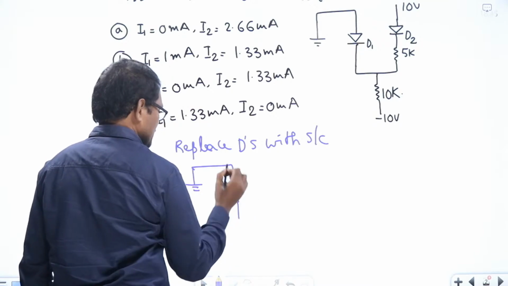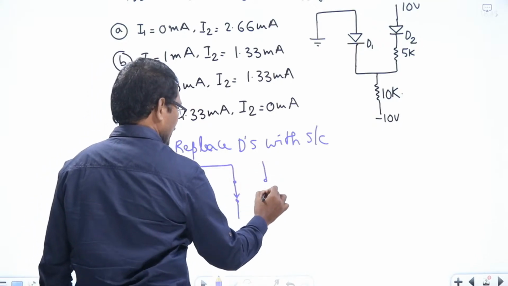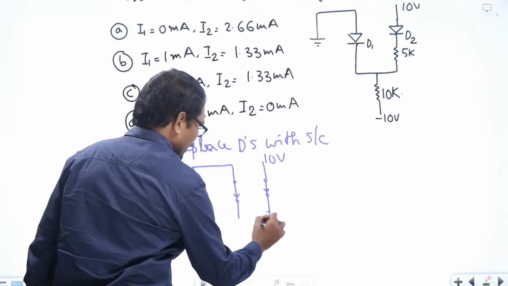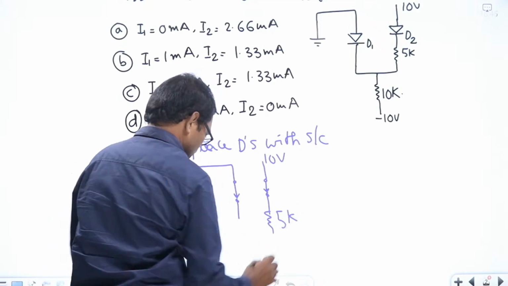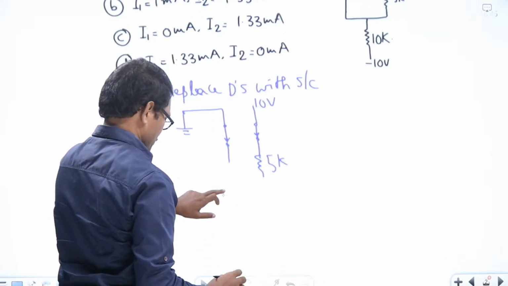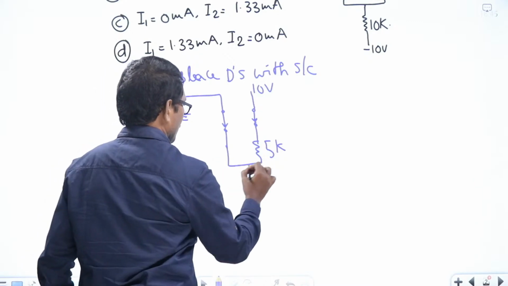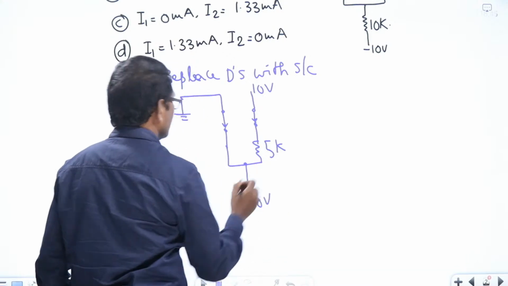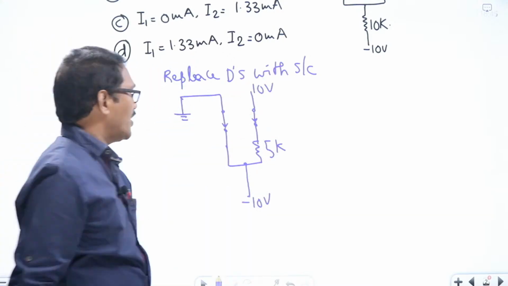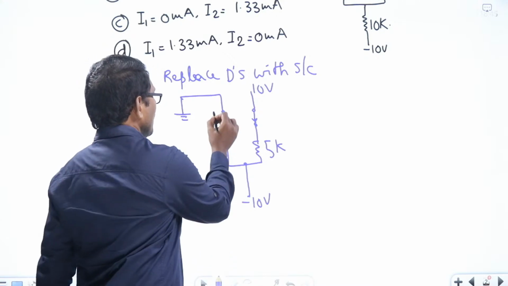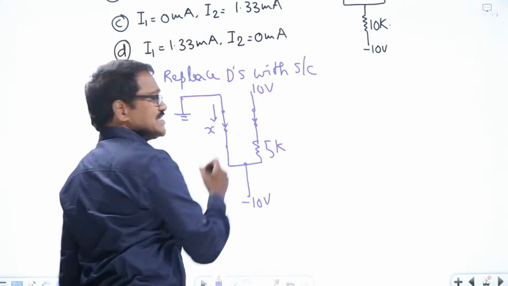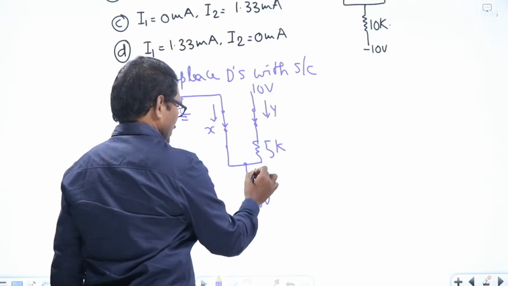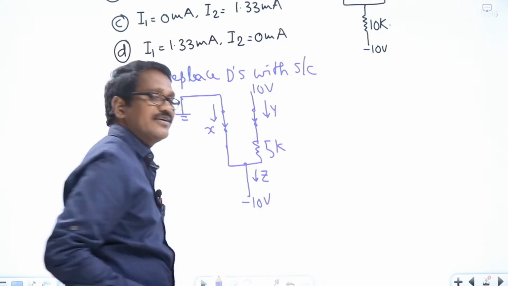D1 is replaced by short circuit, and D2 is also replaced by short circuit. 10 volts here, and 5K, and here minus 10 volts, that is given in the circuit diagram itself. And assume that the current through D1 is X and current through D2 is Y. And this current is assumed to be Z.